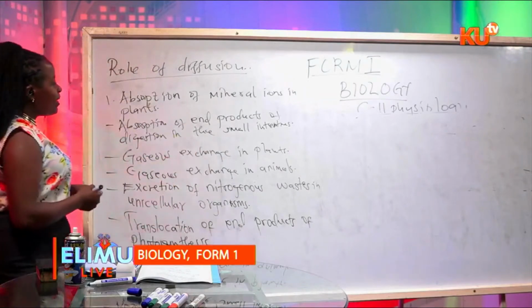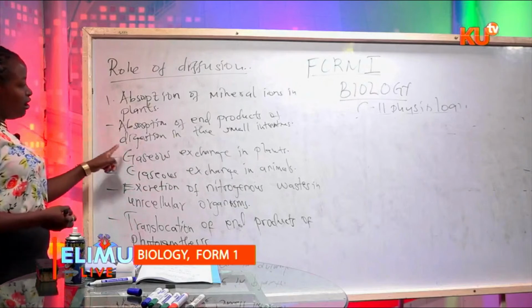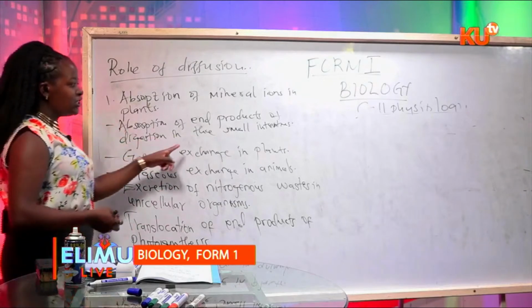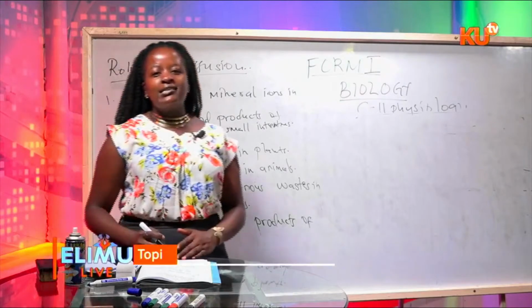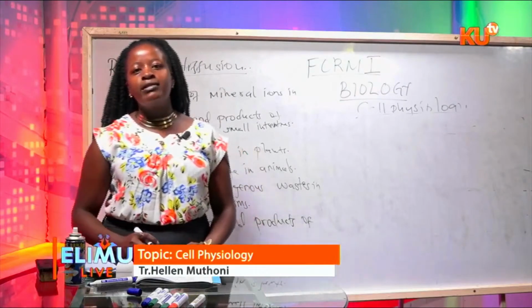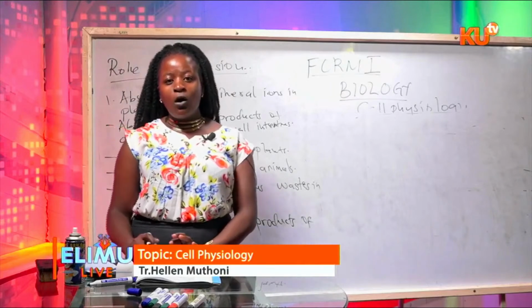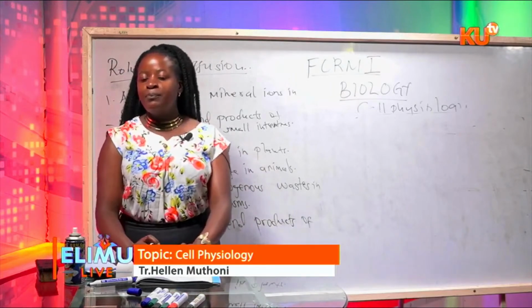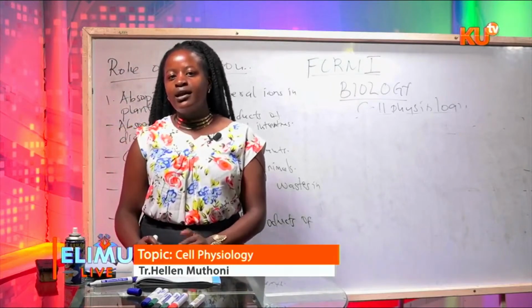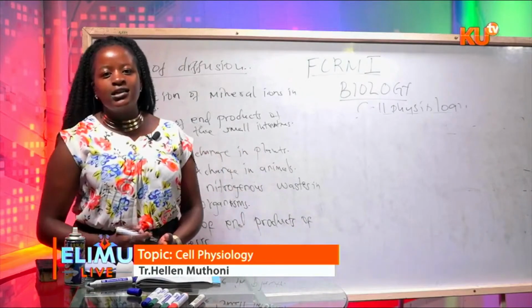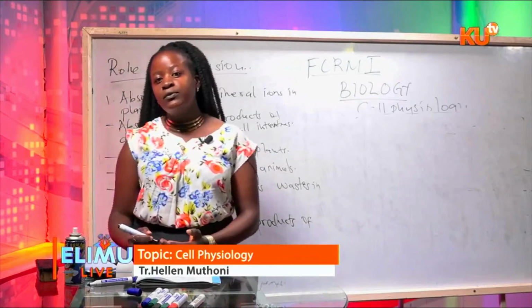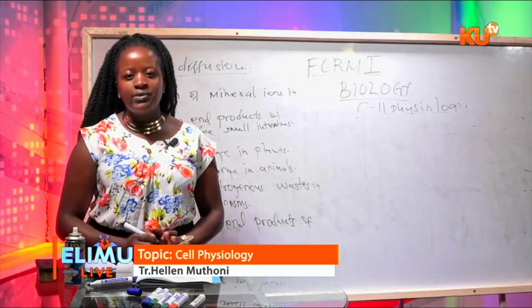The second one is absorption of end products of digestion in the small intestines. Living organisms such as mammals, let us be specific on human beings, the process of digestion ends in the small intestine. Digestion is the breakdown of complex food into simple substances.